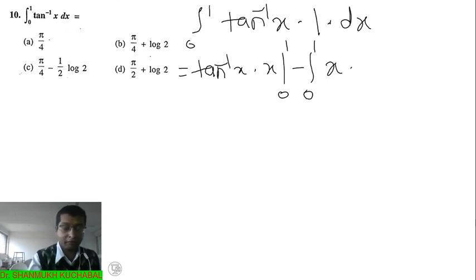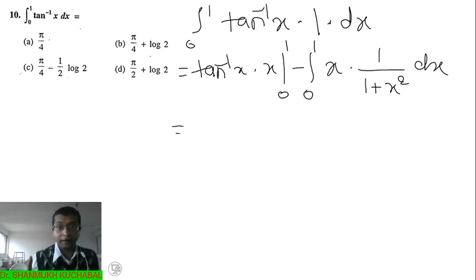Now the differentiation of tan inverse x we have to find: 1 divided by 1 plus x square, into dx. Further, taking the value of x as 1, tan inverse 1, tan of what value is 1? It is pi by 4, and minus 0 we are going to get, so we will leave that.